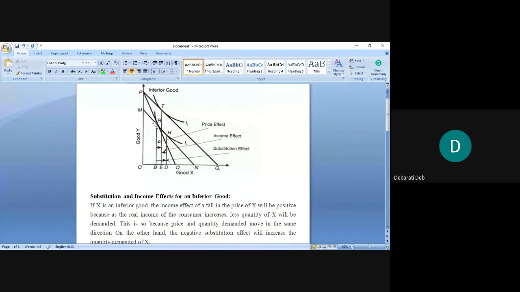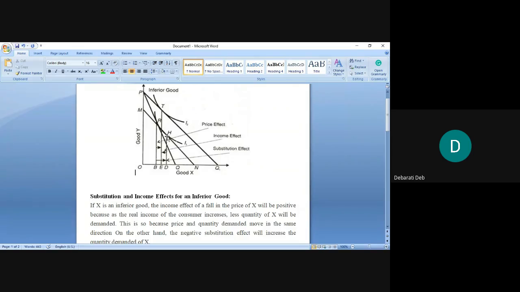We forced the consumer to come to the previous indifference curve I1 and he was in equilibrium at H at that time. Now we are returning the income that was taken away and thus bringing him back to PQ1. Then he is tangent at the point T, right? He'll be tangent at the point T.